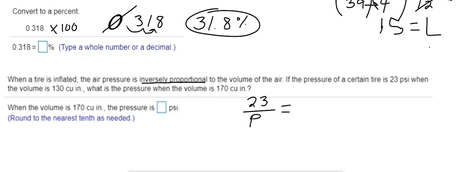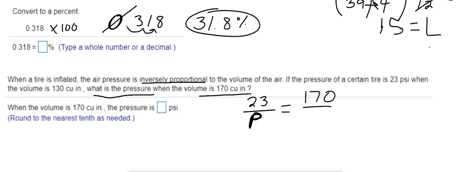And then because it's inversely proportional, on top, I am going to put the volume that corresponds to this unknown P. So the unknown P, what is the pressure when the volume is 170?